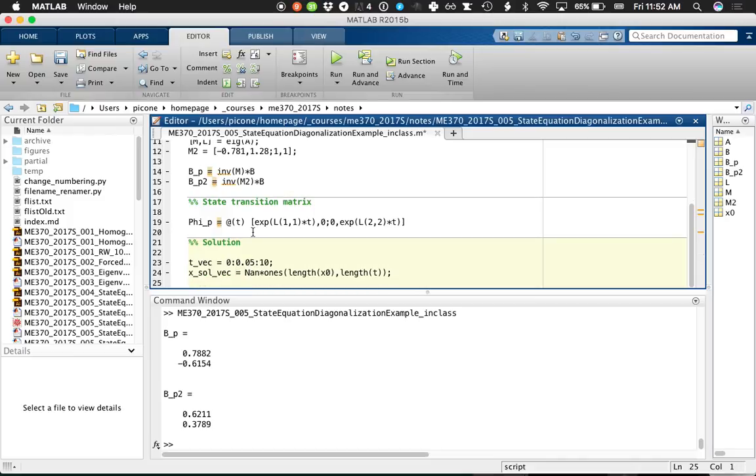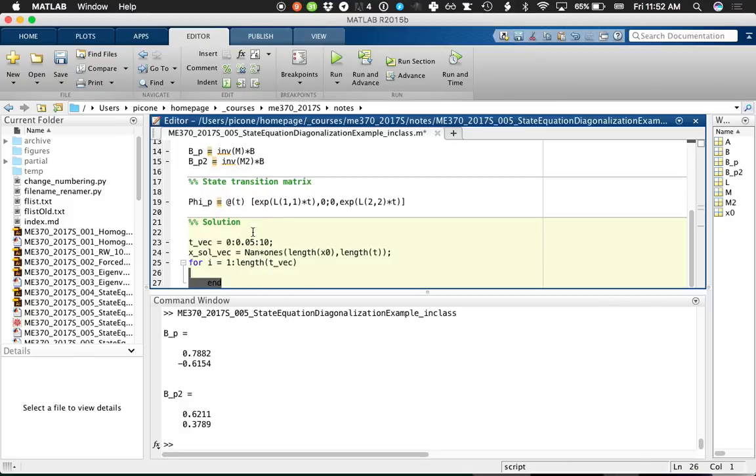And then I'm going to do a for loop. So for i equals 1 to the length of the time vector. For each value of time, I'm going to evaluate the solution.